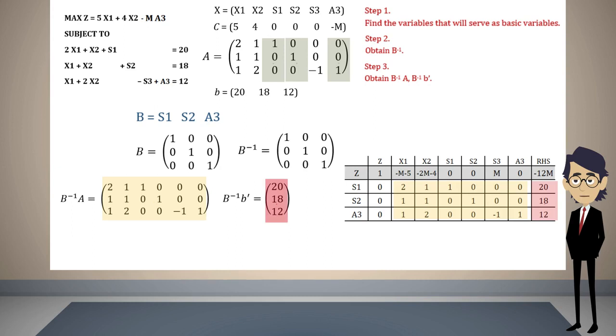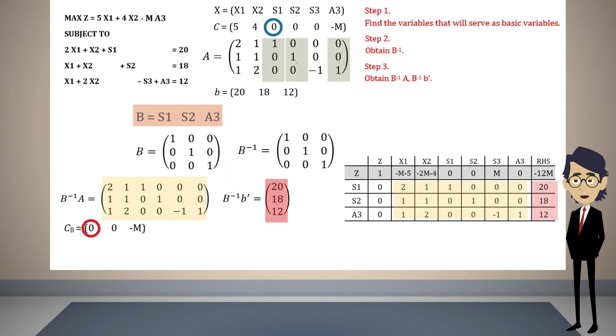To achieve this, we will create a row vector which will be called C sub b. The elements of this vector are the coefficients of the basic variables in the objective function. Recall that the basis consists of the variables S1, S2, and A3. The coefficient of S1 in the objective function is 0.